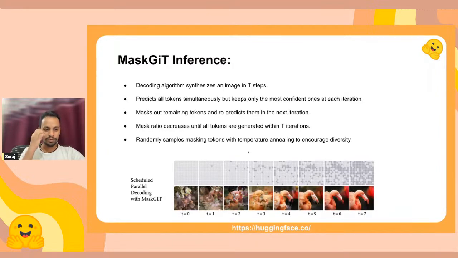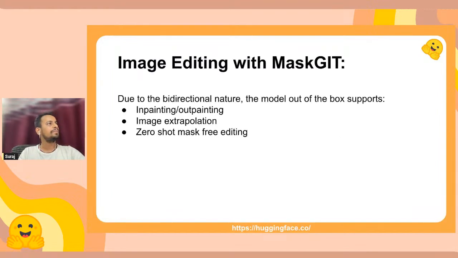Instead of choosing the token with the highest probability, we set a certain threshold, and from that threshold we randomly sample some tokens, and this helps the model retain diversity in the generation. And yeah, that's pretty much how training and generation with MaskGit works.